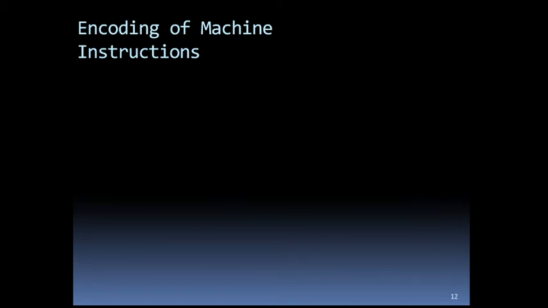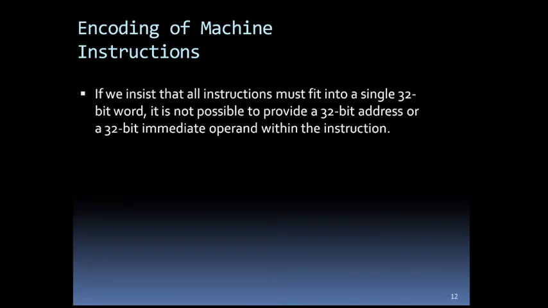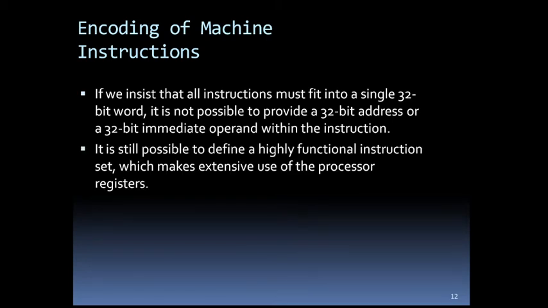There also exist different alternatives to this approach. If we insist that all the instructions must fit into a single 32-bit word, it is not possible to provide a 32-bit address or a 32-bit immediate operand within that particular instruction. But it is still possible to define a highly functional instruction set which makes extensive use of the processor registers. So we can have add r1 comma r2, but we cannot have add location comma r2.